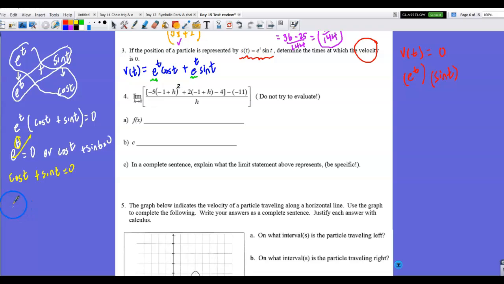We know that we have three special angles. We have 30, 45, and 60, or pi over 3, pi over 6, and pi over 4. Those are the special angles that we know. And it says here we're going to add cosine and sine to get 0. So we're looking for the 30 family, the 45, or the 60 family.